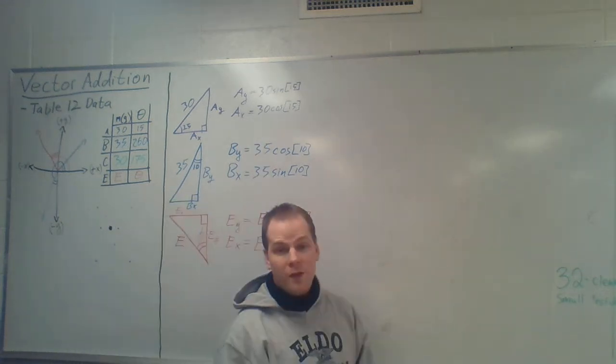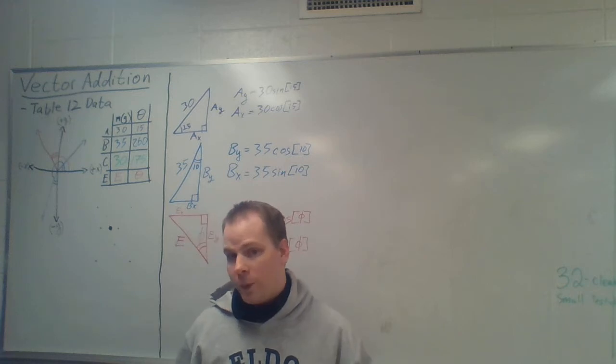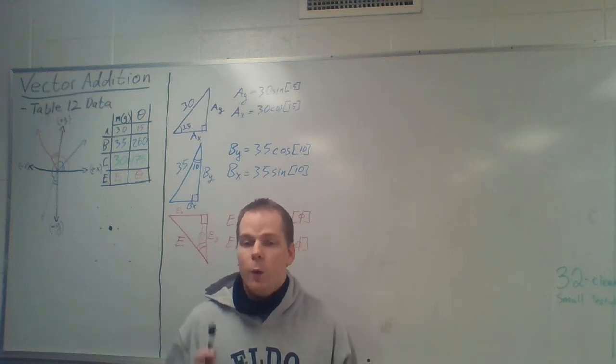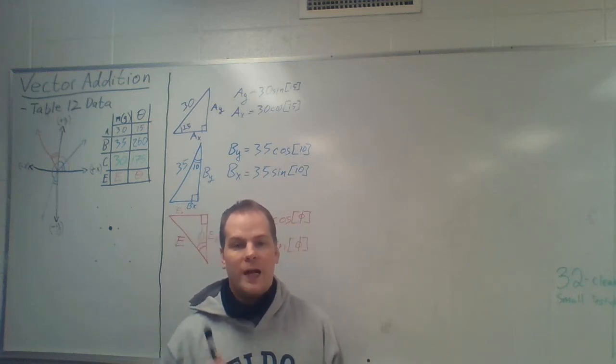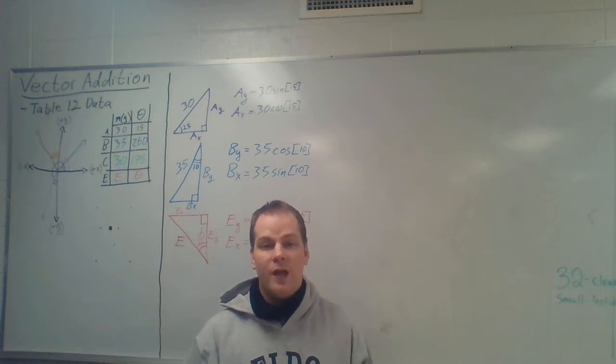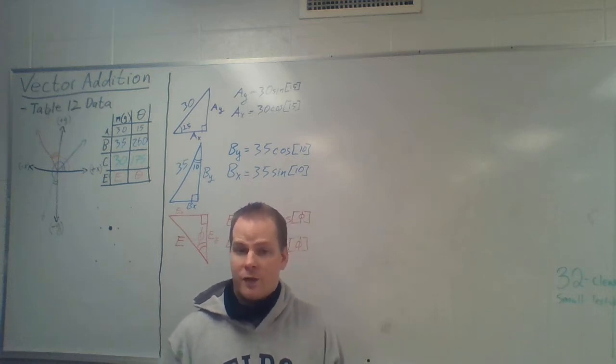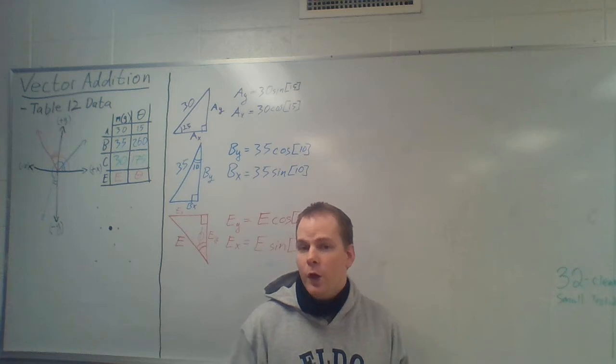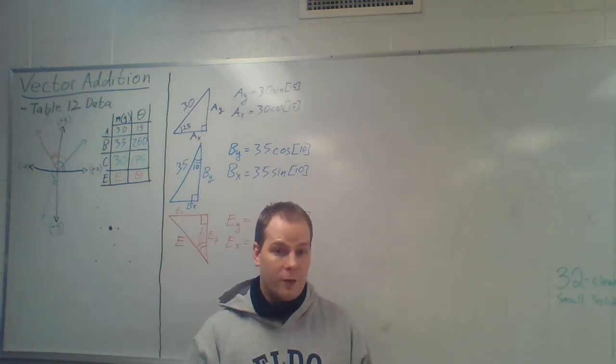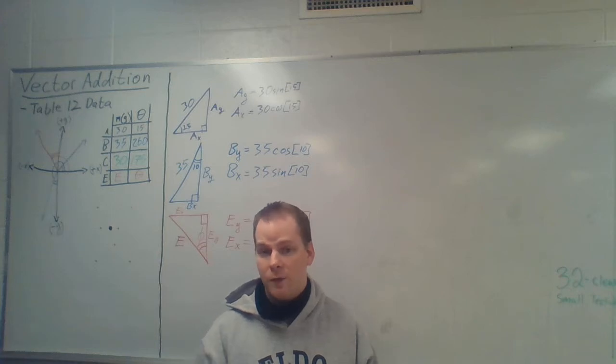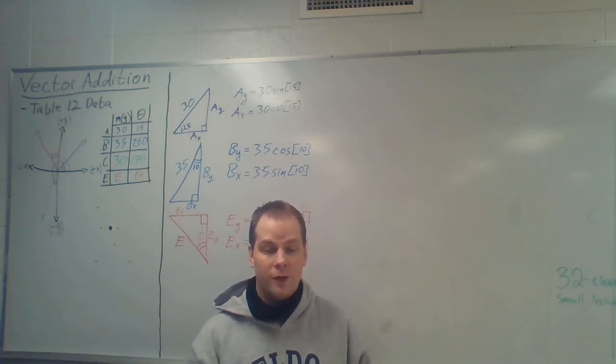Now, there is one thing left that we have to do before we can move on from this. We have to assign direction. We haven't done this much yet in the actual class, so I want to explain how this works. Every vector has a positive or negative value, depending on what direction it's in.